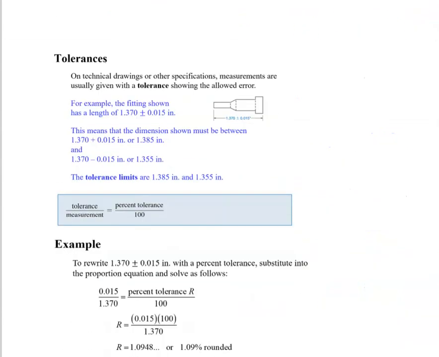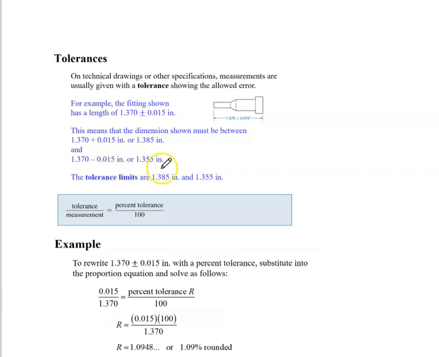On technical drawings or other specifications, measurements are usually given with a tolerance showing the allowed error. So something could be plus or minus, so it's like in a range. This means that the dimensions shown must be 1.370 plus 0.015 inches, or it could be as low as 1.37 minus 0.015 inches.